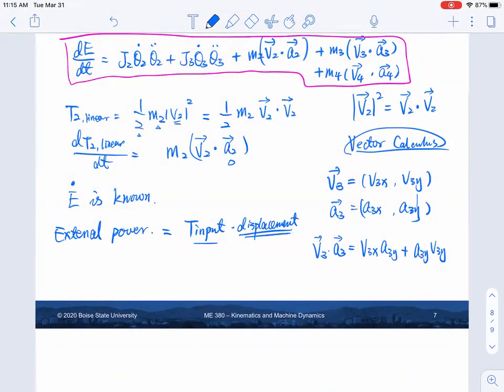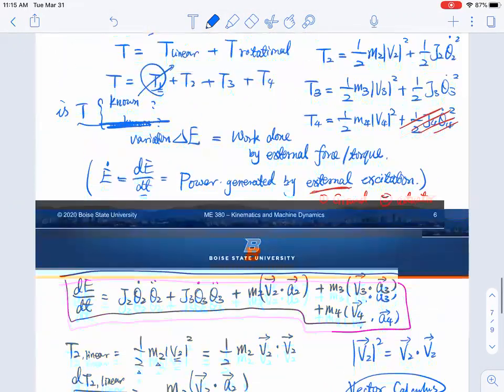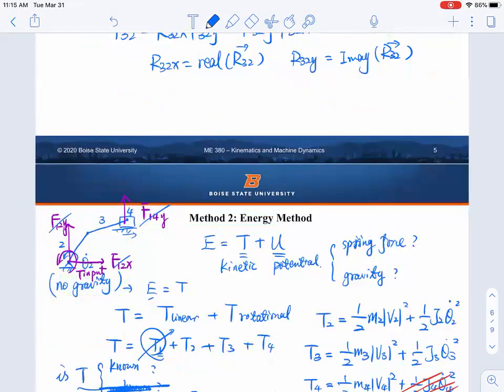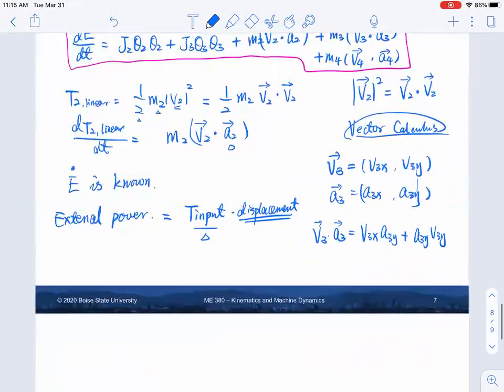So this displacement is tricky. If you have a torque in front, then the displacement is going to be an angular displacement. If you have a force in front, then you have a linear displacement. In this case, the displacement associated with T input is your theta 2, right? Because your T input is cranking the input link, and the displacement is described by theta 2.